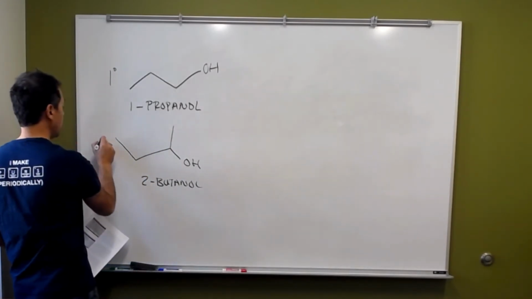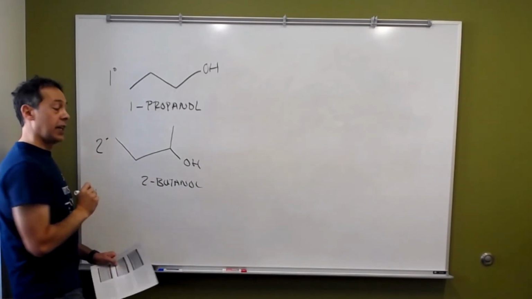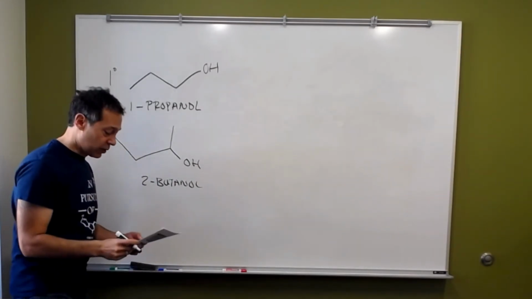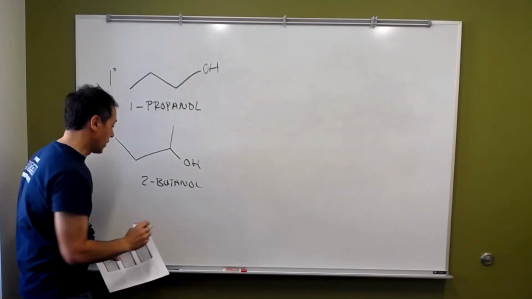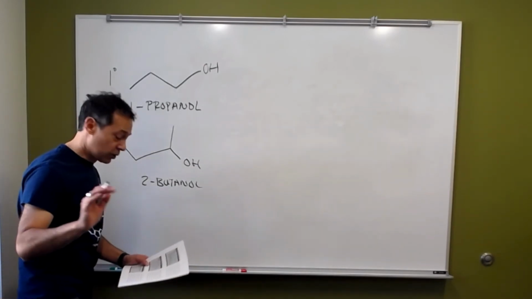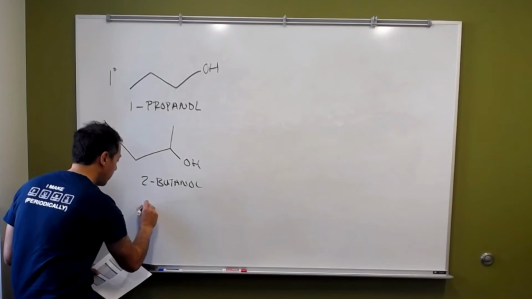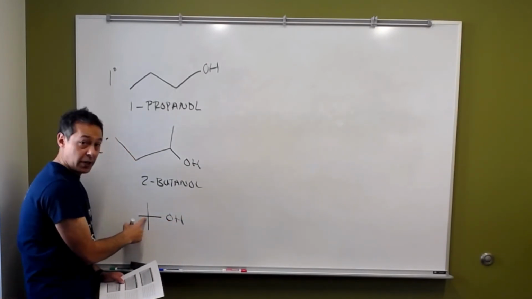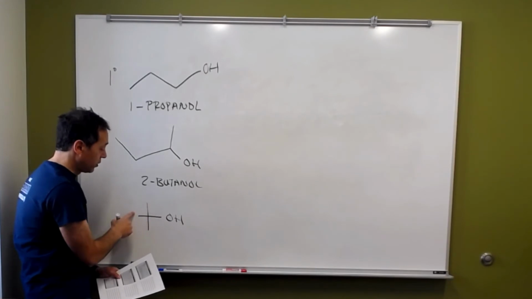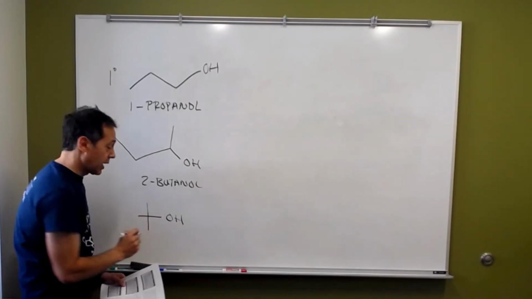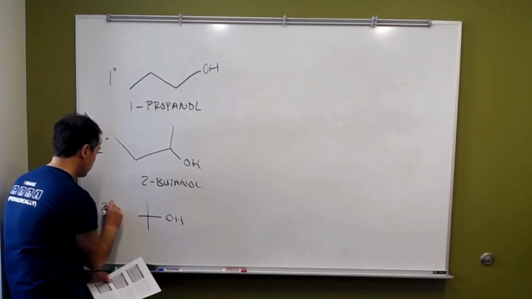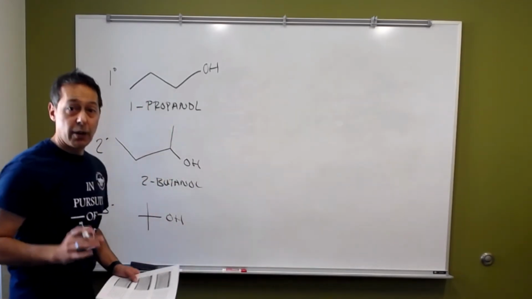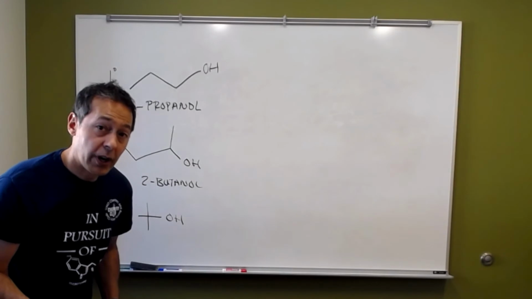So this becomes a secondary alcohol. And then the last one we have here is a tertiary alcohol. A tertiary alcohol would look like this, where we would have a carbon atom here attached to 3 other carbon atoms. This would be tertiary.